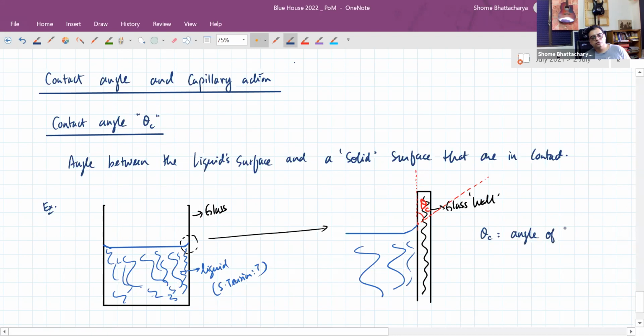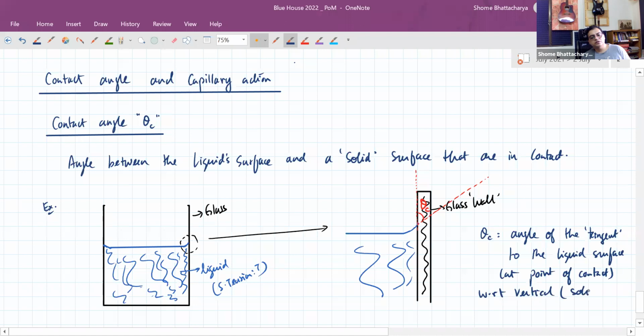Angle of the tangent to the liquid surface at the point of contact, with respect to the vertical, which is basically the solid surface.